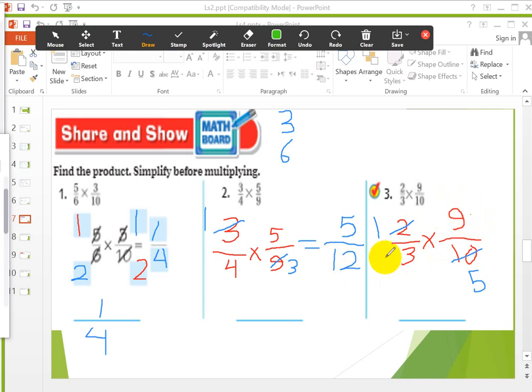Those numbers are able to divide on which number? 3. Excellent, Rina. It's a 3. So if you divide 3 on 3, the answer will be? 3 divided 3, not multiply. 3 divided 3 equals 1. Now, 9 divided 3 equals?